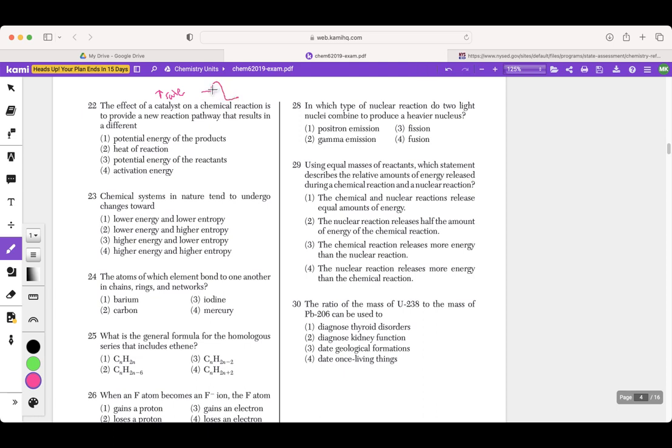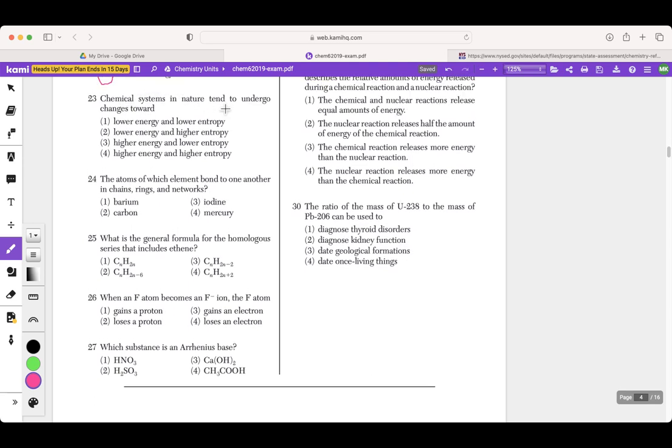I need to lower the hill that I need to climb so it can be easier for me to reach the other side. So essentially, a catalyst helps you find a shortcut around that hill. It does not change potential energies, does not change heat of reaction, does not change any potential energy. It only changes the activation energy, how much I need to go up in order for the reaction to occur.